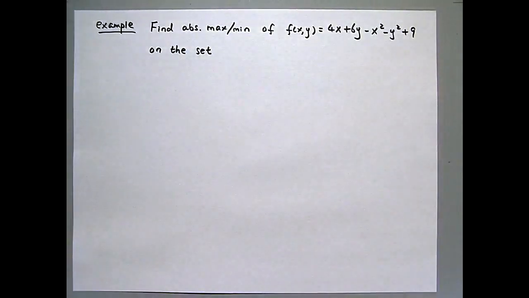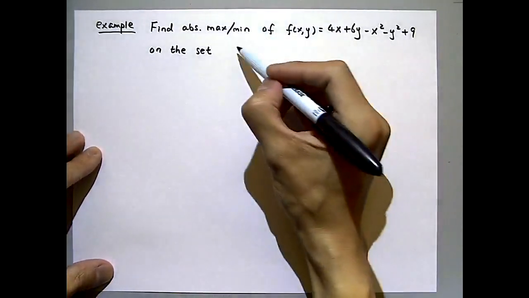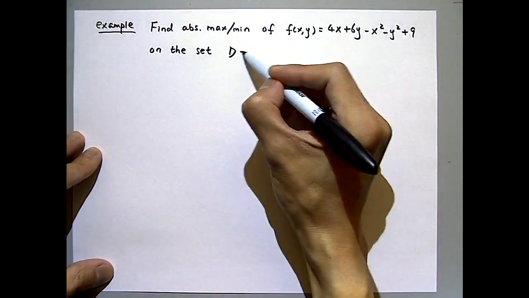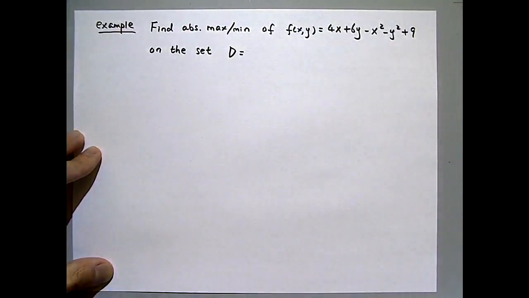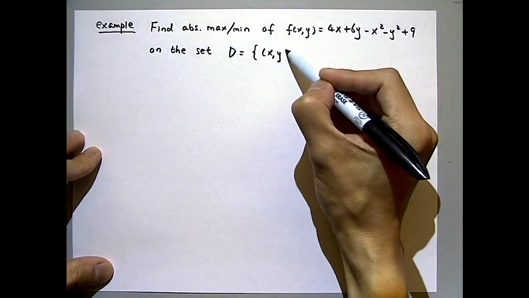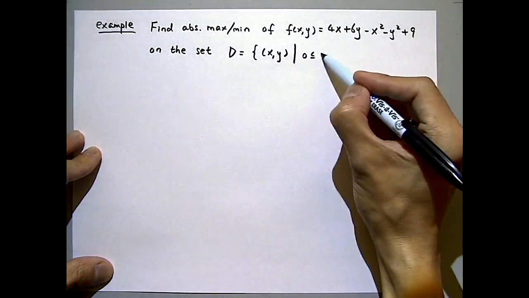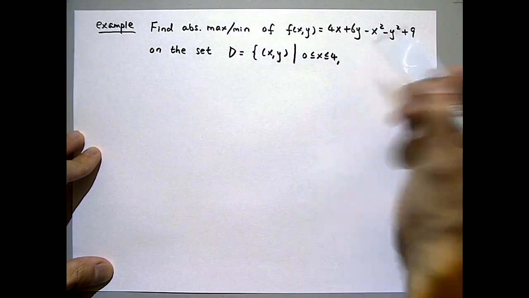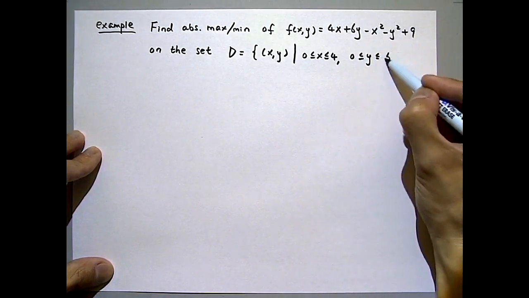And now, to describe the boundary here, let me write down the notation. I'll explain what it means. On the set D, by the way, this D has nothing to do with the second derivative test D, just some name. All the points x, y such that x is between 0 and 4 and y is between 0 and 5.